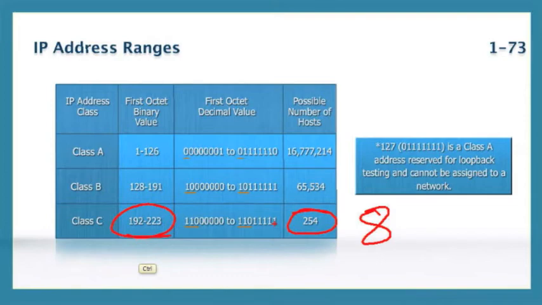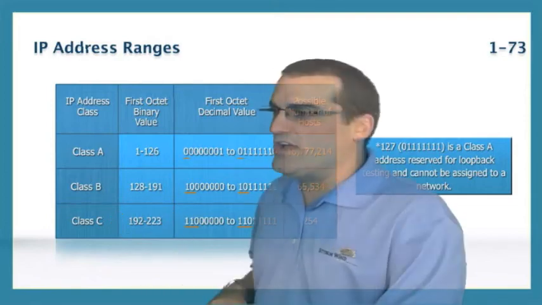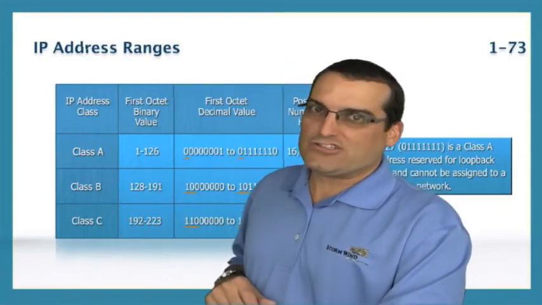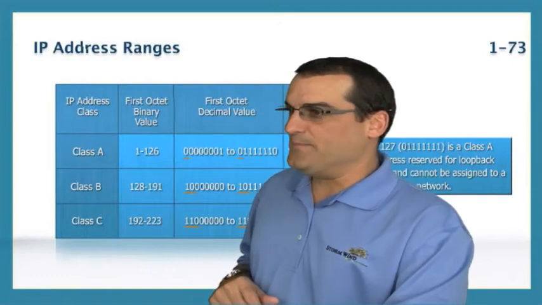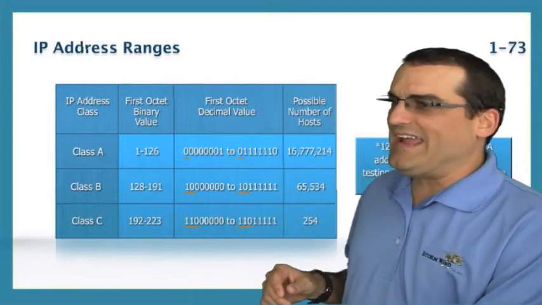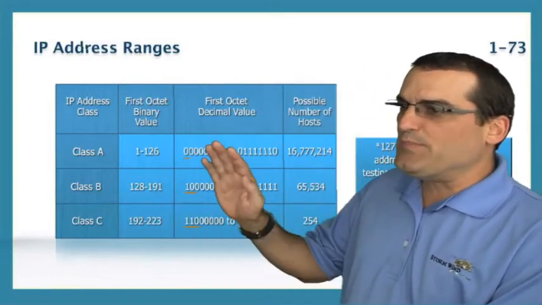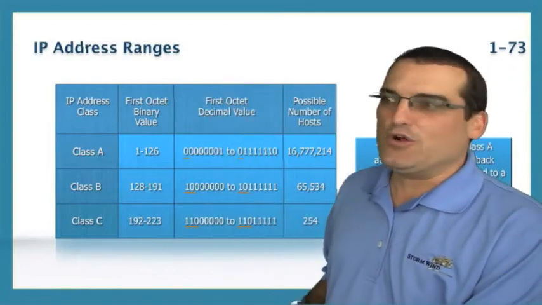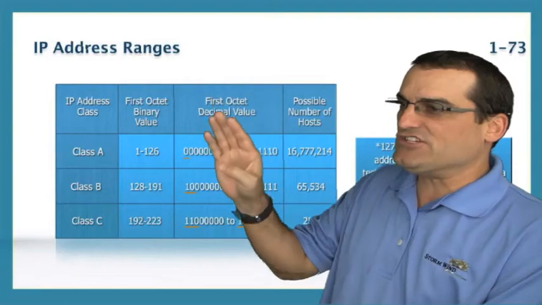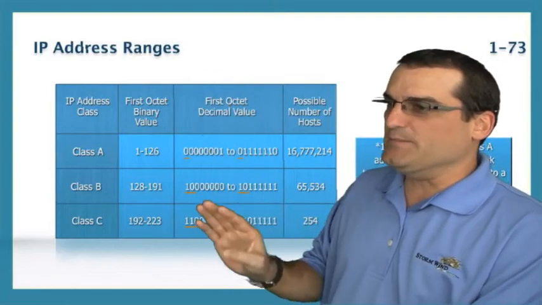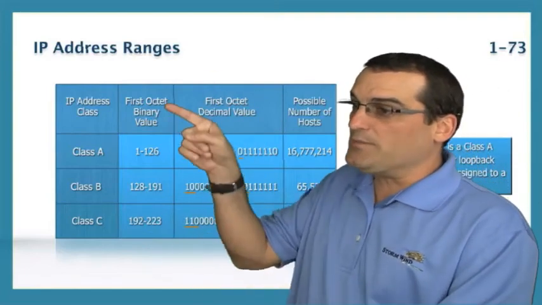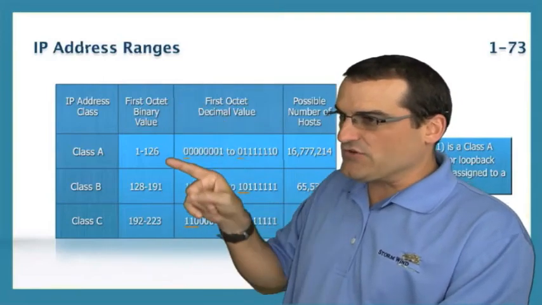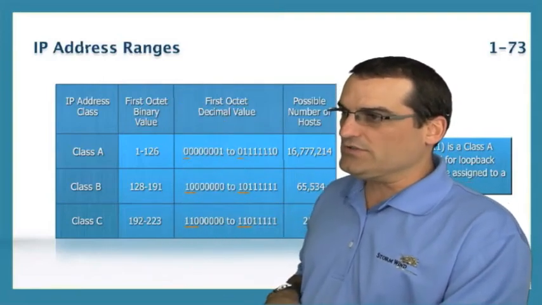Is there a lot to memorize on this table? Sure there is, and that's why flashcards come in really handy. By the way, you don't need to bother with all the permutations of the bit settings in the middle column. But this column of recognizing an address class by its first octet is certainly valuable.